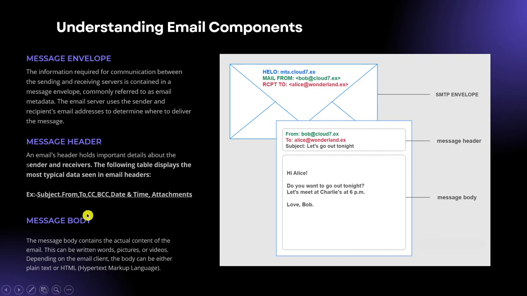And the final component of an email is the message body. The message body is the main content area where you write your message. It's like the letter inside the envelope.